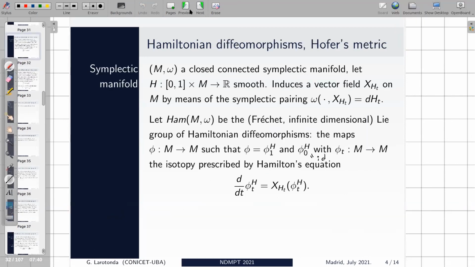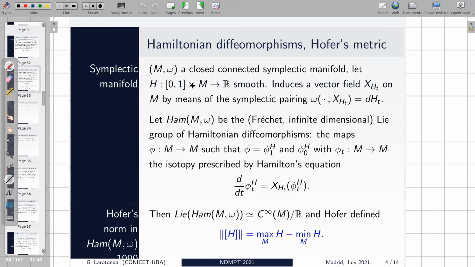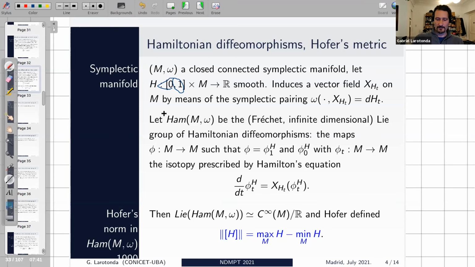Maybe we should have gone slower for this part. How to construct the group of Hamiltonian diffeomorphisms? You start with any Hamiltonian, autonomous or not. Maybe it's constant in this variable or not. But you start with any of these.